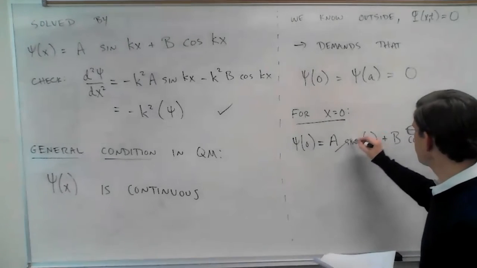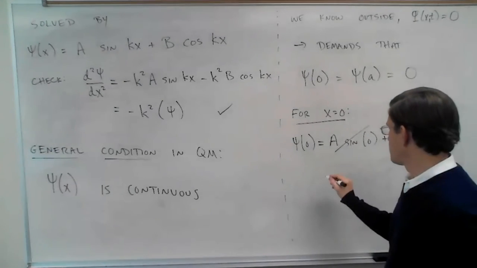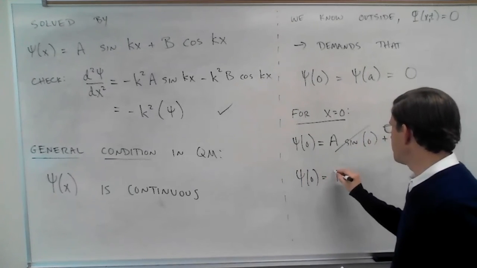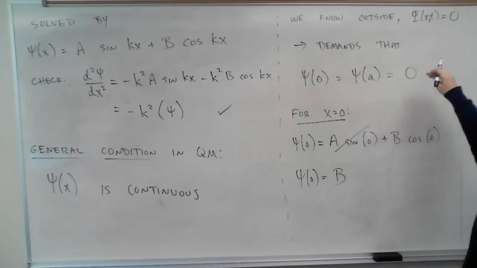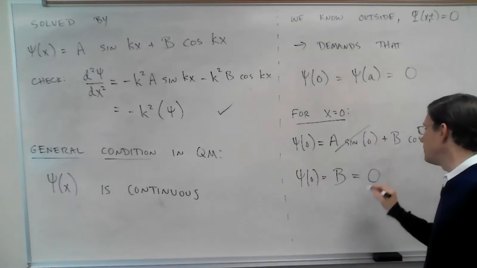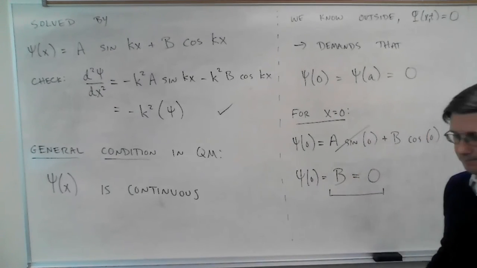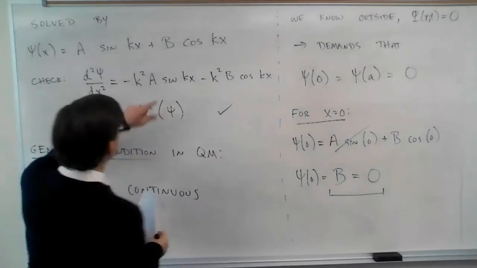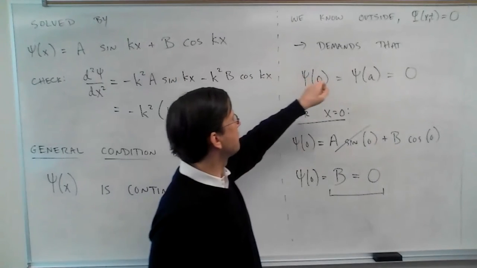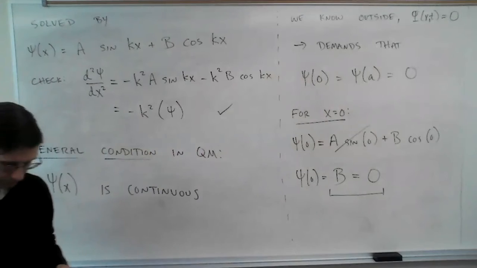Sine of 0 is equal to 0, so that drops out. Cosine of 0 is equal to 1. And so we have that psi of 0 is equal to b. And from our condition that psi of 0 is equal to 0, we conclude that b must be 0. If this constant capital B were not equal to 0, then it would be impossible for this wave function to satisfy this constraint. It would not be continuous at the boundary.